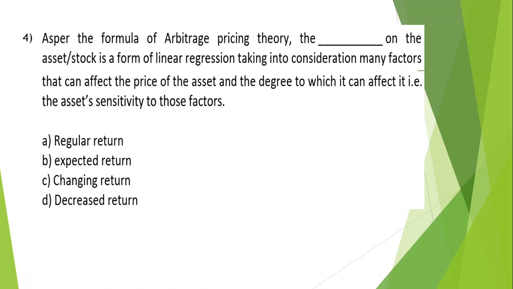We have 4 options. Option A, regular return. Option B, expected return. Option C, changing return. Option D, decreased return. Any guessing answer for this? Option B is the right answer, expected return.